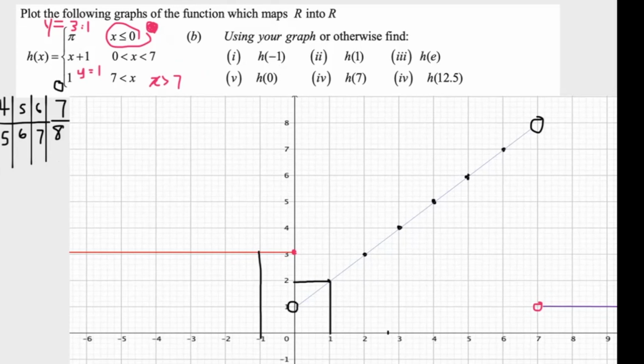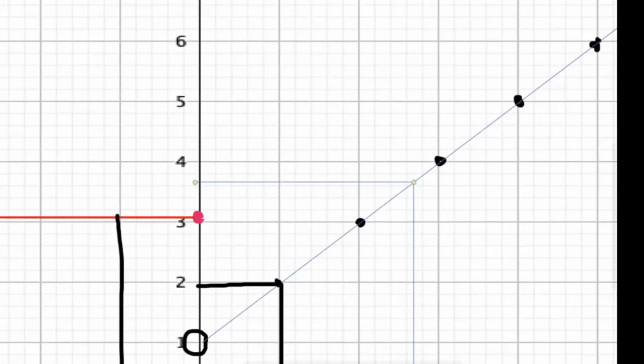And I'm going to use my little line to help me to draw a straight line. So we draw a line going up. And where does it cut it? Then we continue to draw another line going across. And from this, we can say this is 3.2, 3.4, 3.6, almost 3.7.